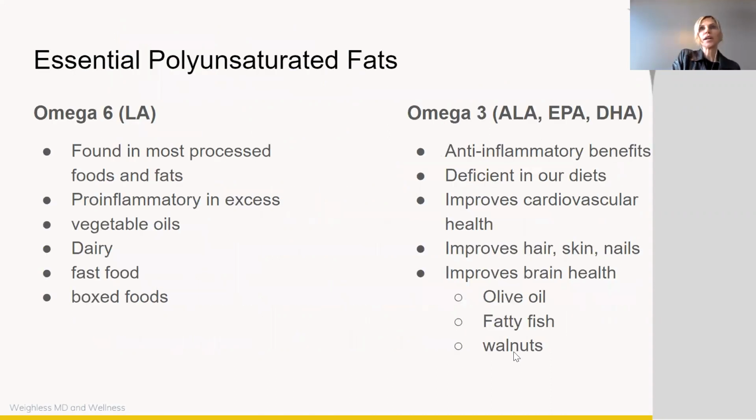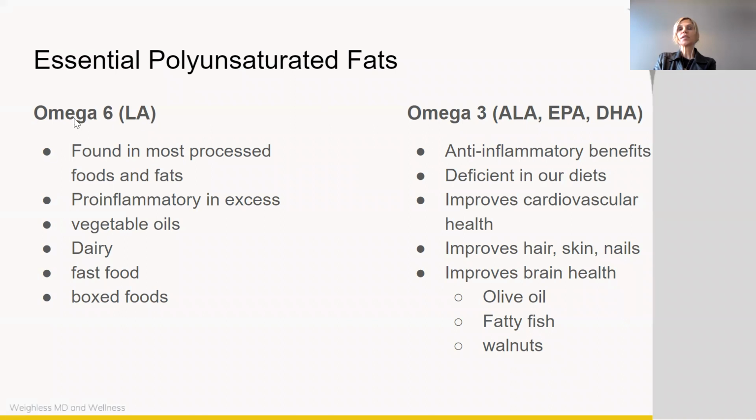Essential polyunsaturated fats. So I mentioned that these are the omega-6s and the omega-3s. It's really important to note that both of these are essential, meaning our body does not make these essential fats, so we have to get them through the diet.